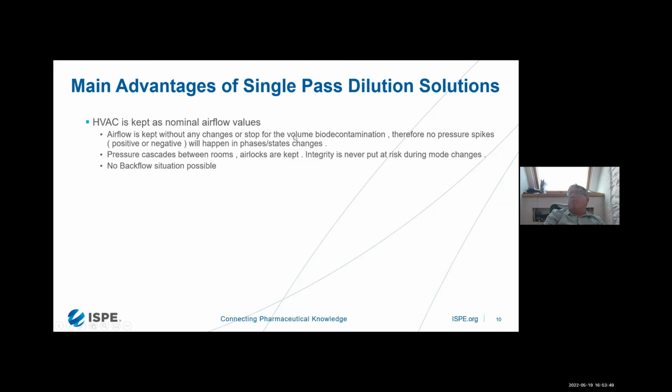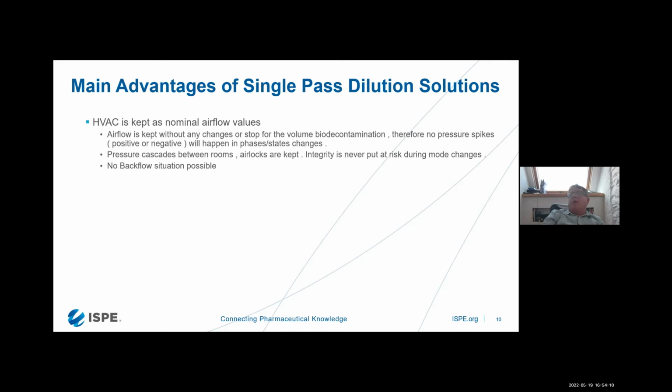In many BSL applications I've seen, not just with VHP, but with formaldehyde and other kinds of technology, people are stopping the HVAC to do the decontamination, where they lose the integrity of the pressure cascades.